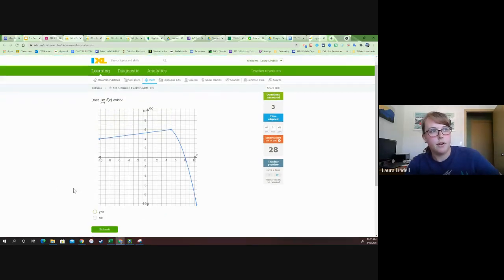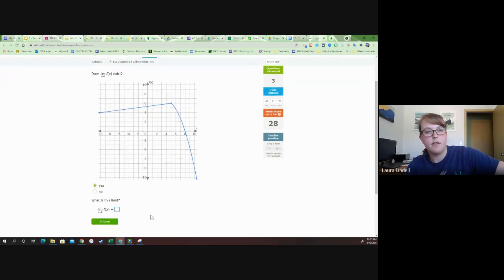All right, what about this one? Does the limit as x goes to 5 exist? What do we think? Yeah, it does. And what is it? As we approach from the left, as we approach from the right, we've got the same value.